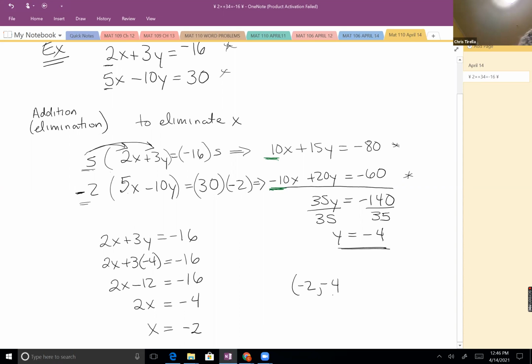And again, be sure to check in both original equations.